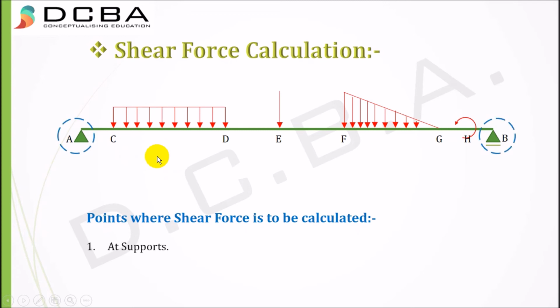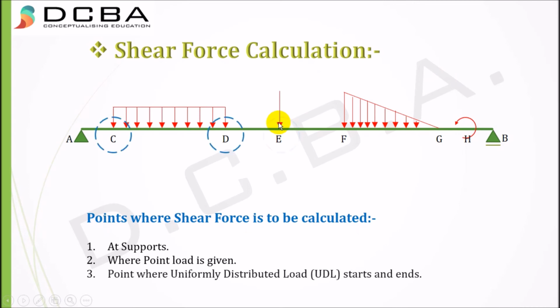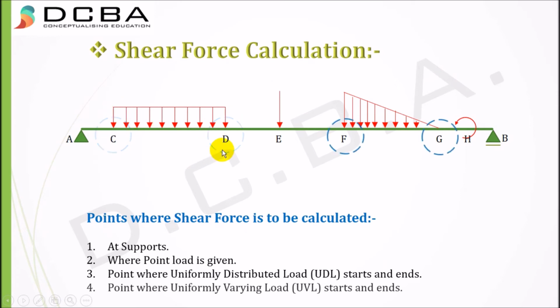First is at the supports A and B. Second is where a point load is given, here at E. Third is the points where the uniformly distributed load starts and ends, that is C and D. Fourth is the points where the uniformly varying load starts and ends.